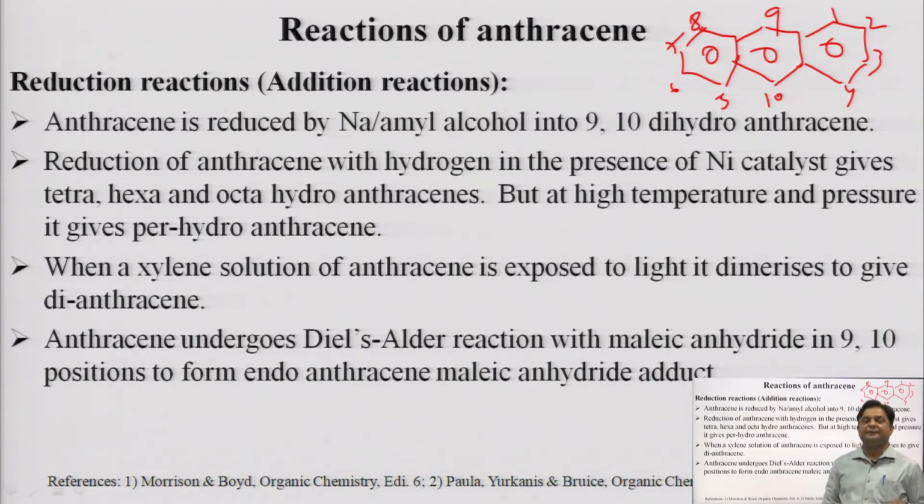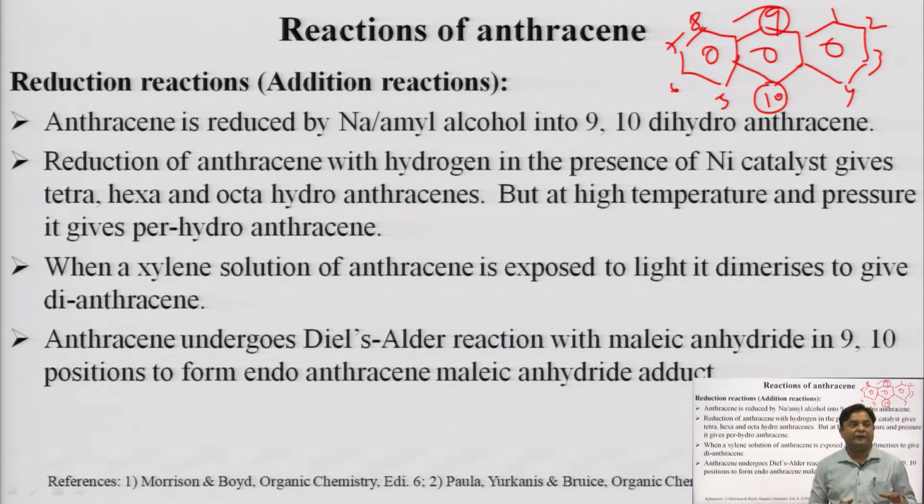I already said that the 9 and 10 positions are the most reactive, and most reactions of anthracene occur at the 9 and 10 positions. Reduction means addition of hydrogen or removal of oxygen. Anthracene can be easily reduced by sodium metal and amyl alcohol. In that reaction, hydrogen atoms are added at the 9 and 10 positions and we get 9,10 dihydroanthracene as the product.